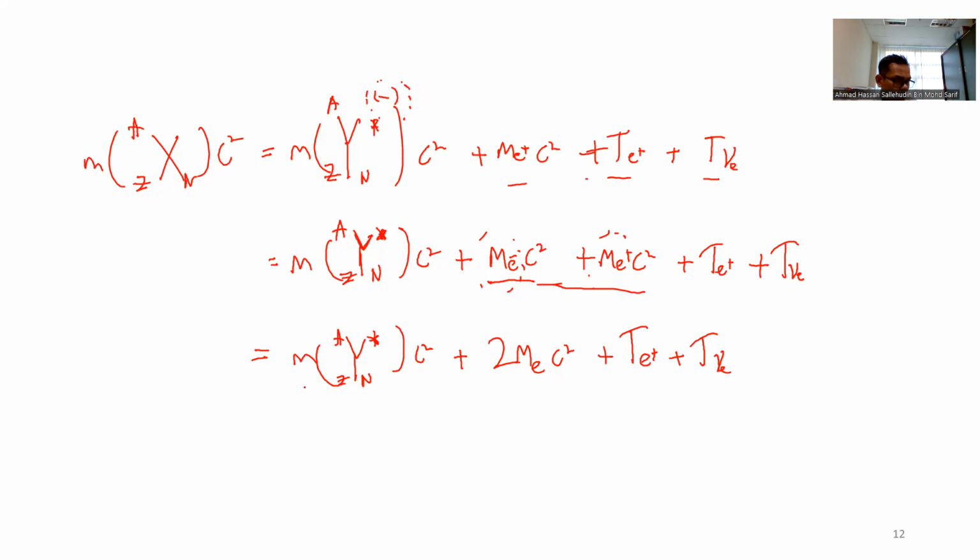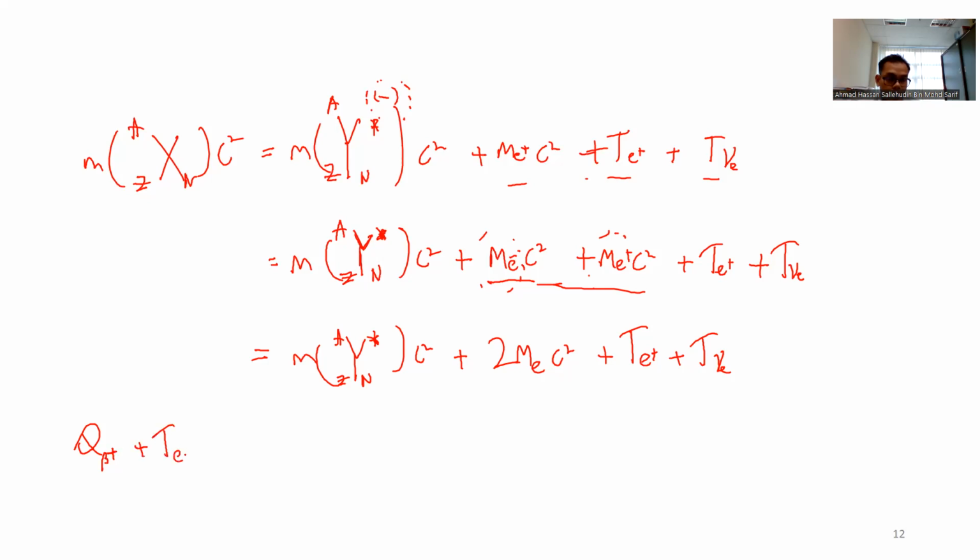So the Q, right? The Q is Q beta plus this time.